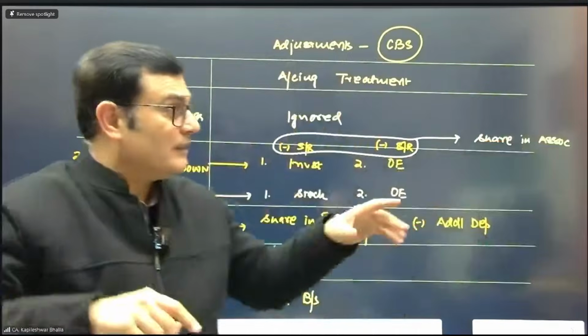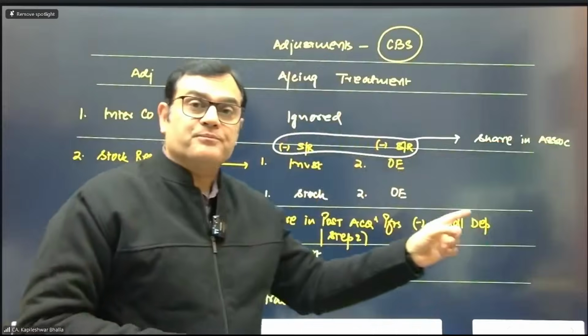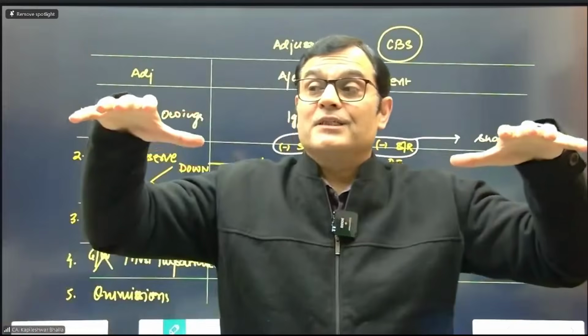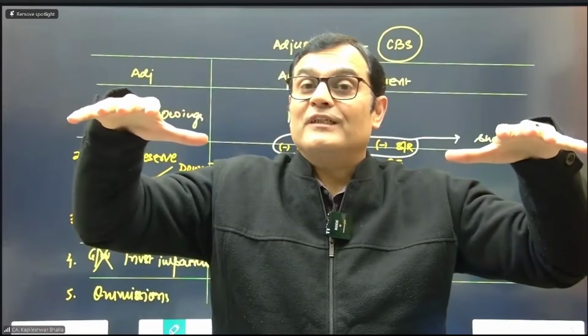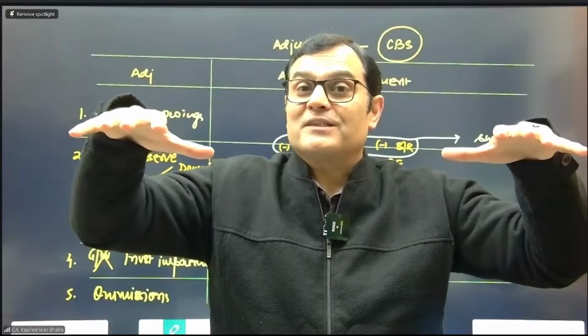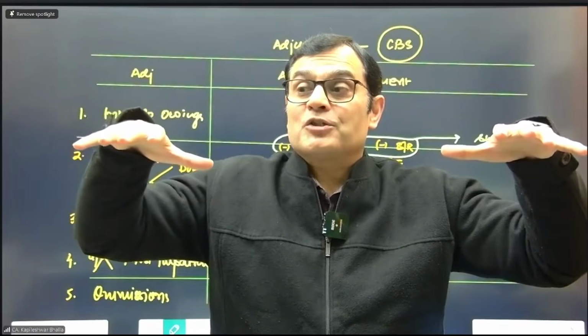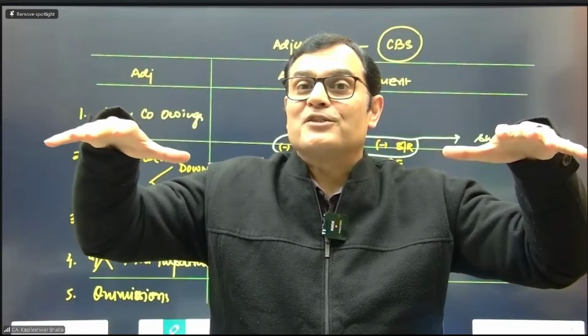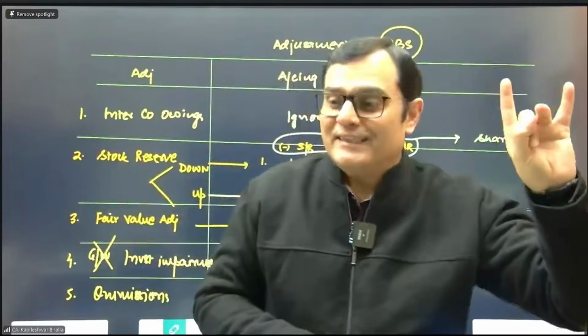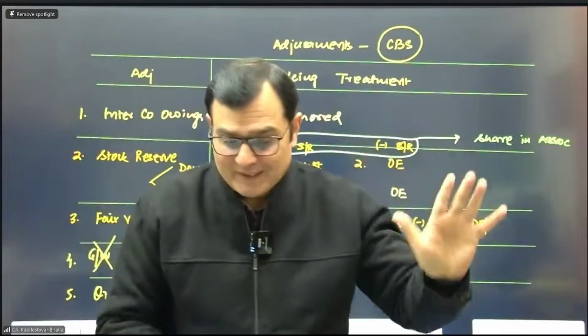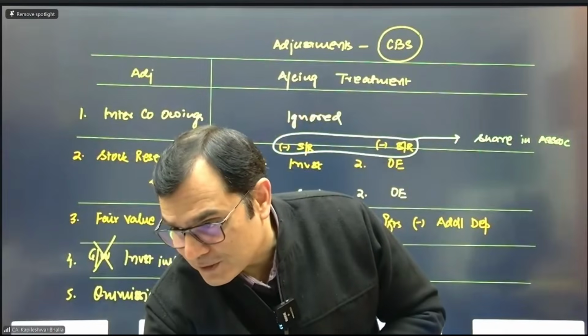Visualize this part: if it is upstream, it is a part of the stock of the investor, and the stock of the investor is appearing in the balance sheet. If you don't touch the stock and reduce it, your stock is appearing at a selling price in the consolidated balance sheet. That would be technically incorrect, right? I hope that answers your question, Ayush.